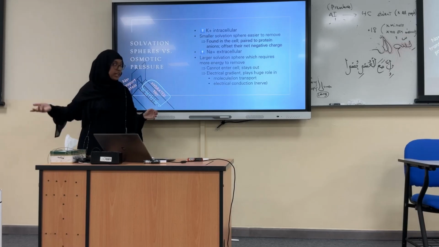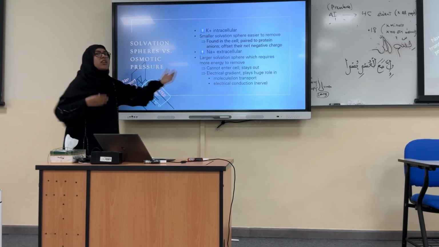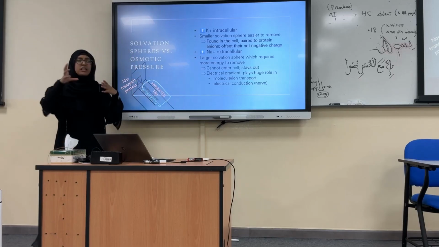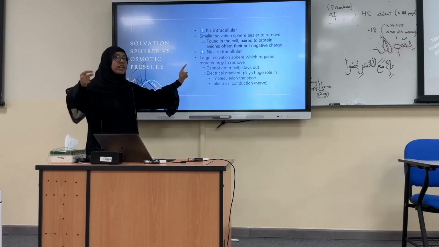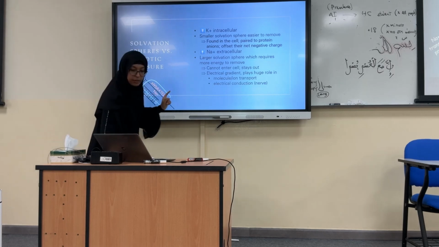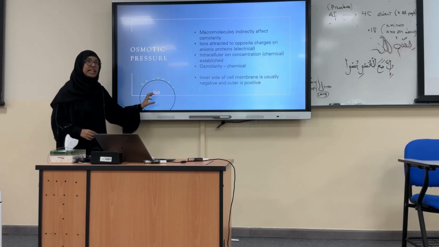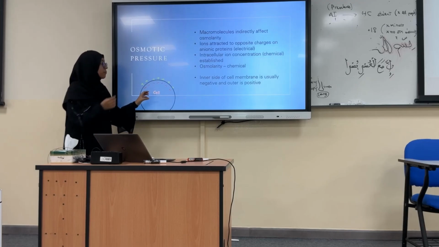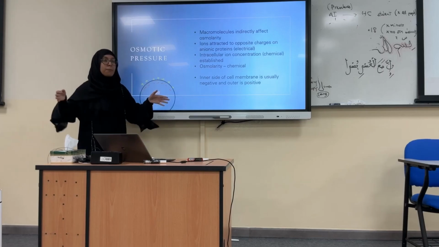Why is this relevant? That's charge density. But why am I talking about solvation spheres and the ions? Because for the ions outside of the cell to move in through the negatively charged proteins, you're going to need the solvation sphere to be removed.